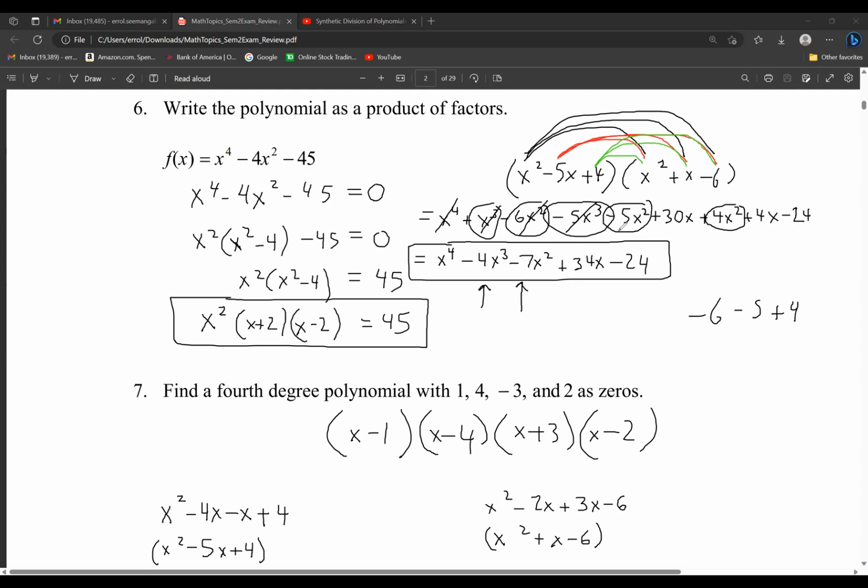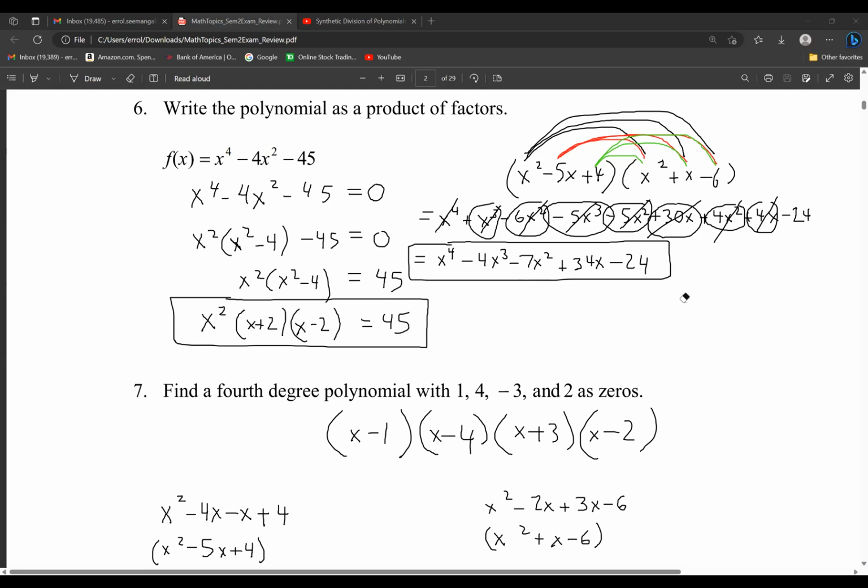What's left over is the 30x plus 4x, which is this 34x. So all you have left is the minus 24, which is this minus 24. Make sense? Yes. All right, so that one you just gotta keep track of all the like terms.